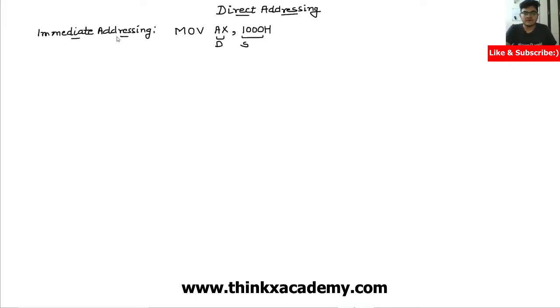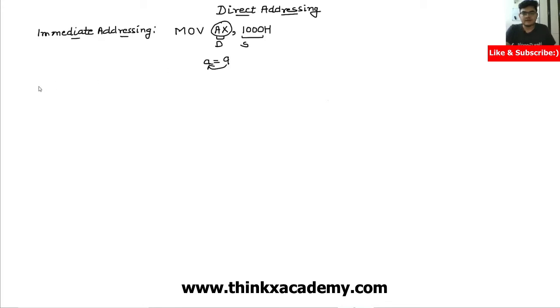We have already studied that 1000H is in hexadecimal format. So we provide the immediate data in immediate addressing. In programming, it is simply like creating a variable a equals 9, or some other value. You are just providing immediate data and pushing it into the AX register.